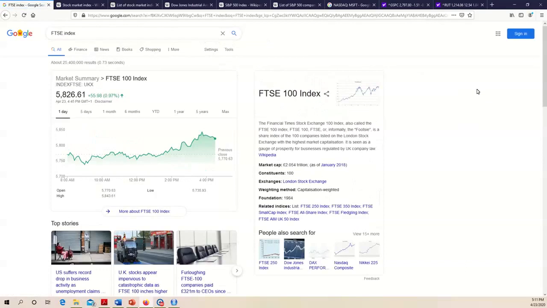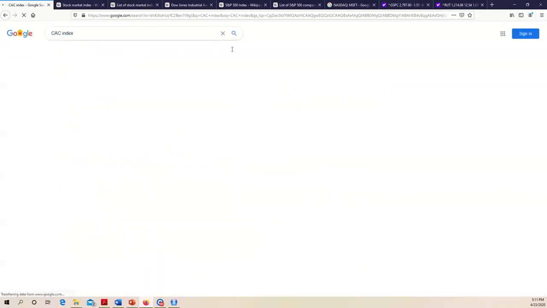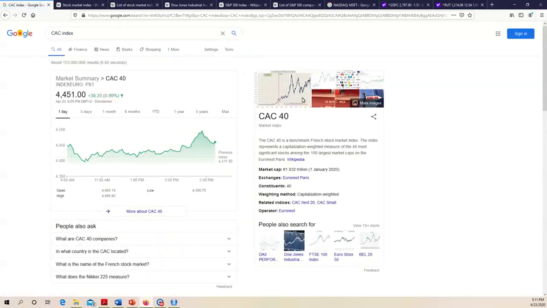How about this FTSE index? This FTSE 100 index captures the performance of roughly 100 companies traded where? At the London Stock Exchange in England, United Kingdom. How about this CAC index, CAC 40? This CAC 40 is a benchmark, a French stock market index.